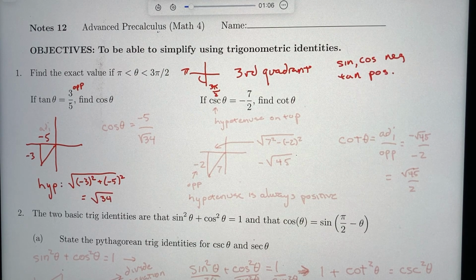Okay, there we go. And it says find cosine. Cosine is adjacent over hypotenuse, so there you go. Cosecant is -7/2. Notice that that puts the hypotenuse on top.